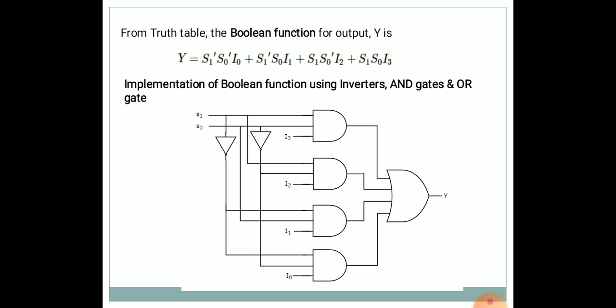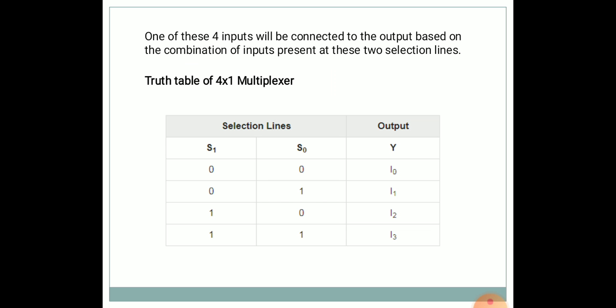Here, based upon the truth table for the 4 into 1 multiplexer, the Boolean function for output Y can be written as Y equal to S1 dash S0 dash I0. S1 dash means that at first the value of S1 is 0.